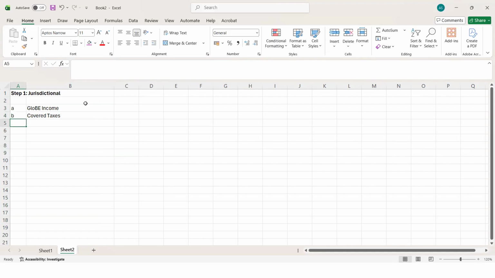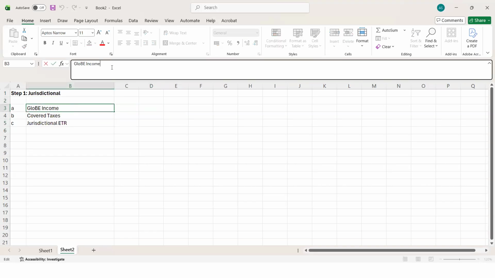I will calculate covered taxes. You know what covered taxes are, right? Now I will get the jurisdictional ETR. You have to understand this GloBE income is the total of all CEs in that jurisdiction.